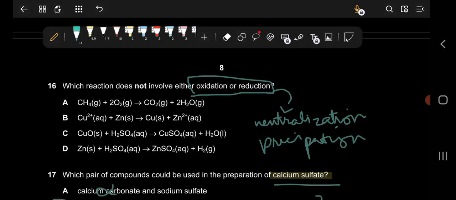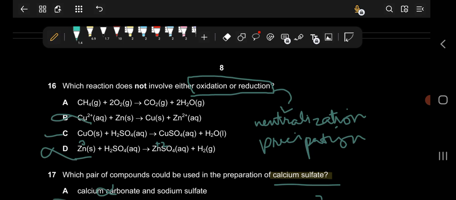This cannot be. You know why this cannot be? Because look, this zinc over here is at 0, and over here it's getting a +2, so this cannot be. This can be. This can never be.